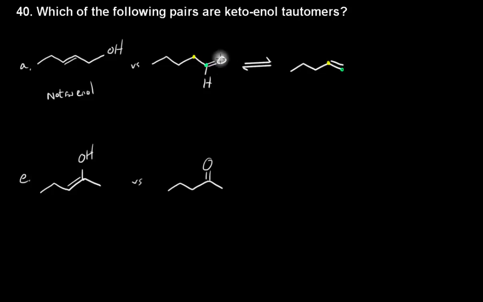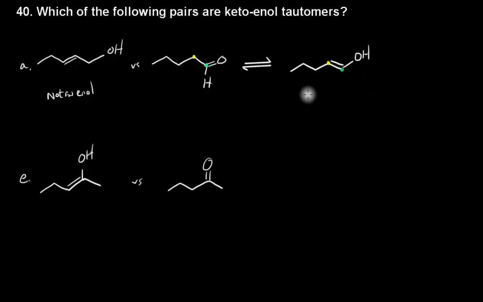Let's go ahead and put our OH right here, and that's pretty much it. We've reformed the single carbon-oxygen bond, and we've reformed a carbon-carbon double bond. So these two would be the aldehyde-enol tautomer relationship, and this would be the enol version.